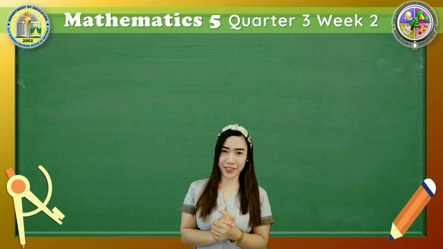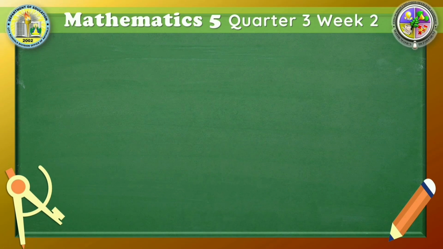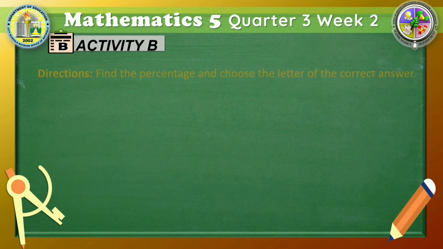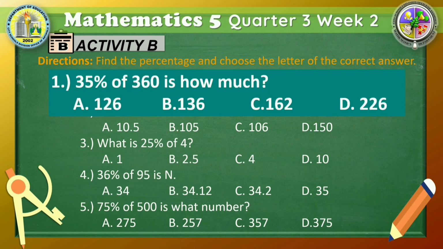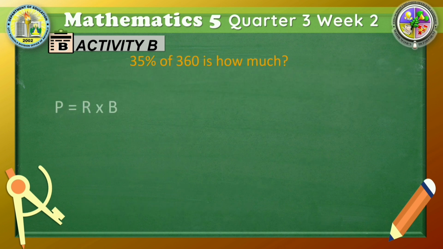Let's make it farther. Let's go now with activity letter B. Directions: find the percentage and choose the letter of the correct answer. Let's try to answer number 1. 35% of 360 is how much? So we have our formula, percentage equals rate times base. This time, I prefer to use the process of changing percent to decimal.